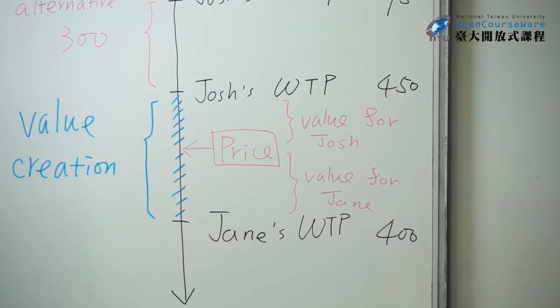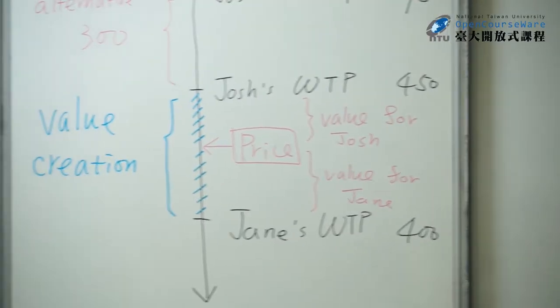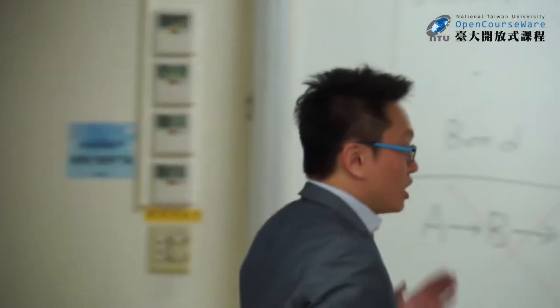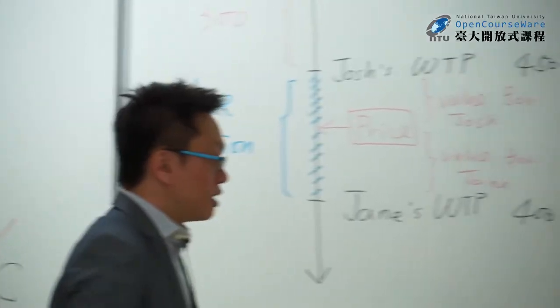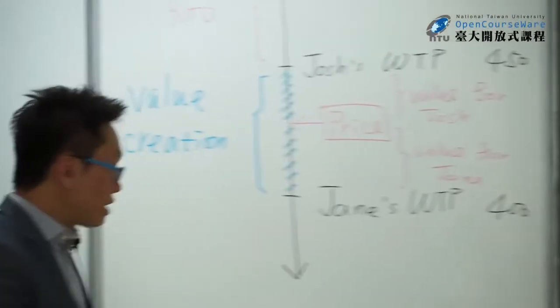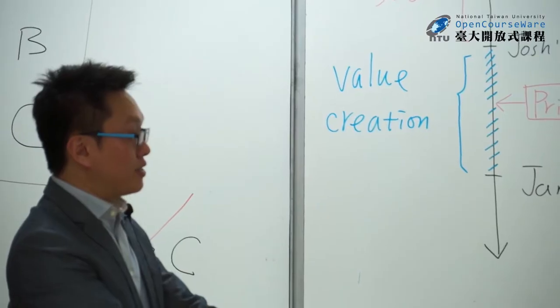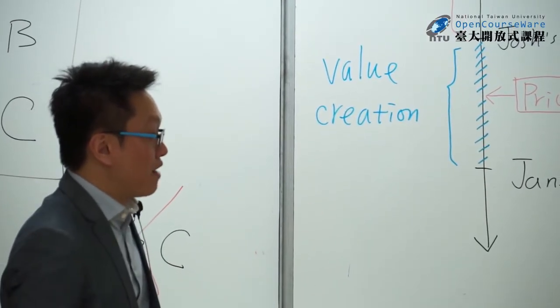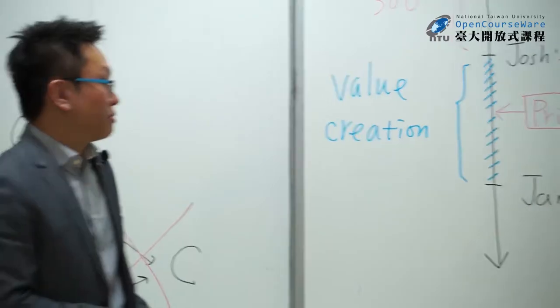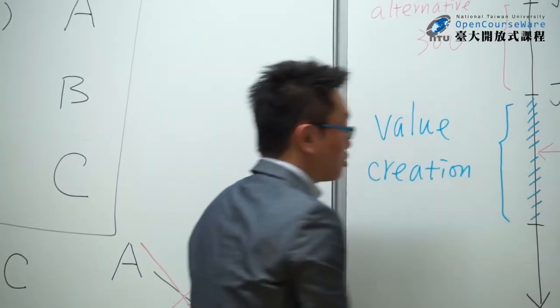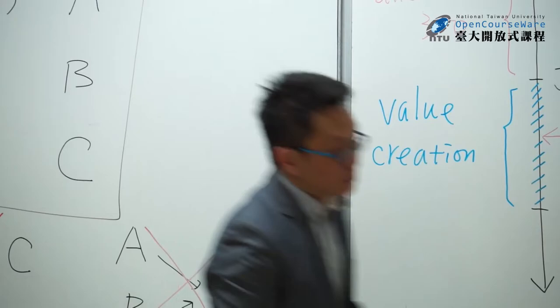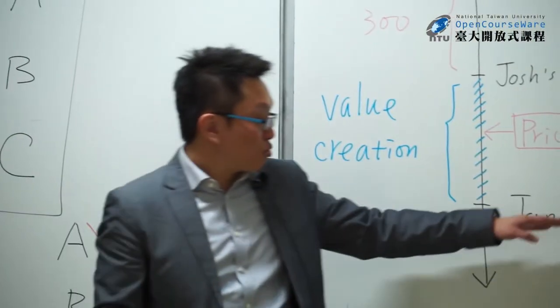Okay? Does this transaction generate any value more than the original deal by Jen and Josh? I will say yes. If Josh and Jen stay in their original houses, they only get what they have. And we see the transaction. After they do the transaction, 450 for Josh's willingness to pay, and Jen's willingness to pay 400.